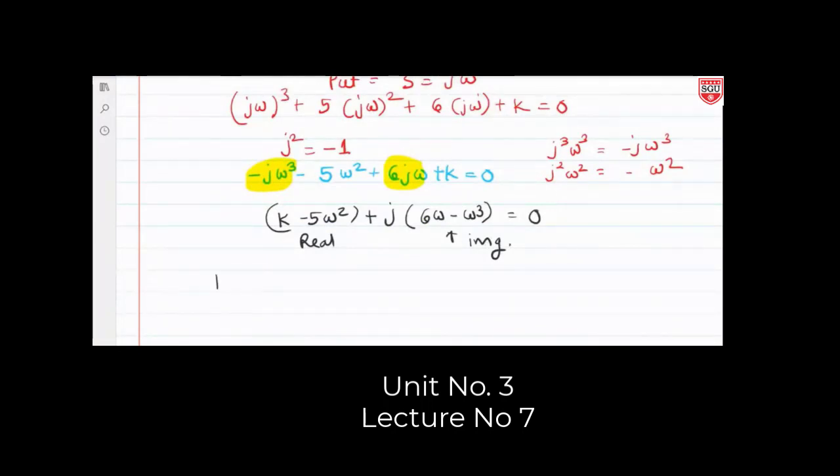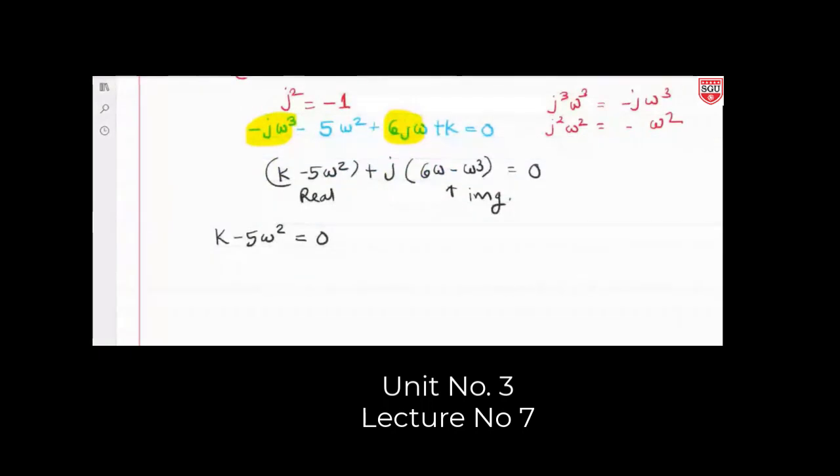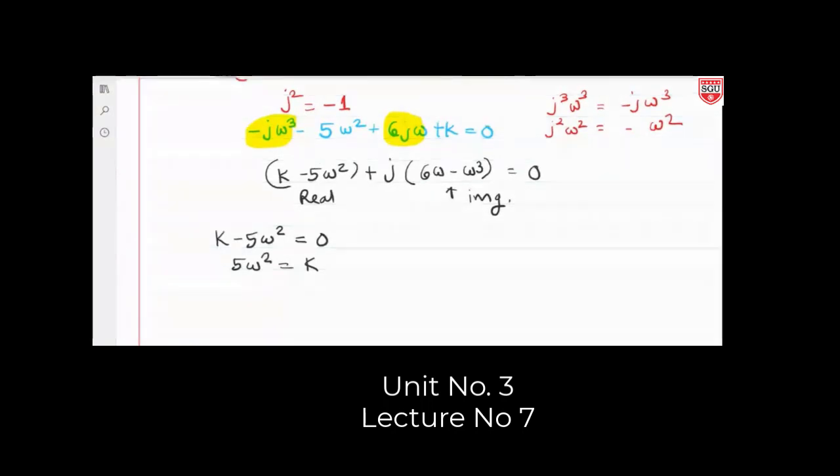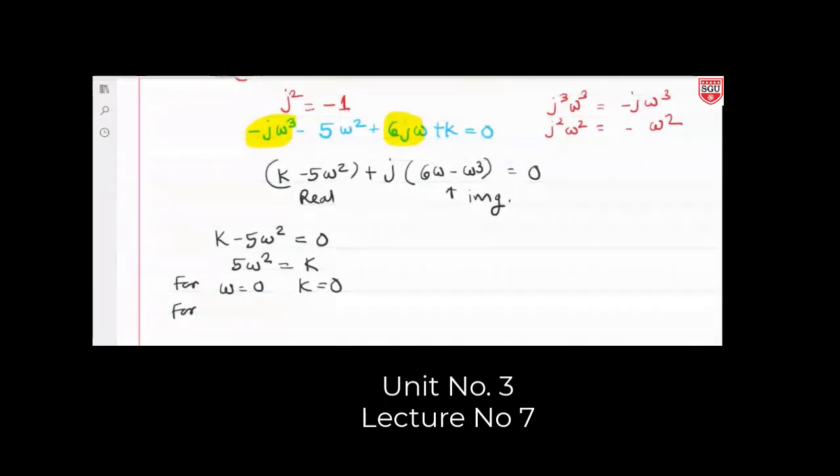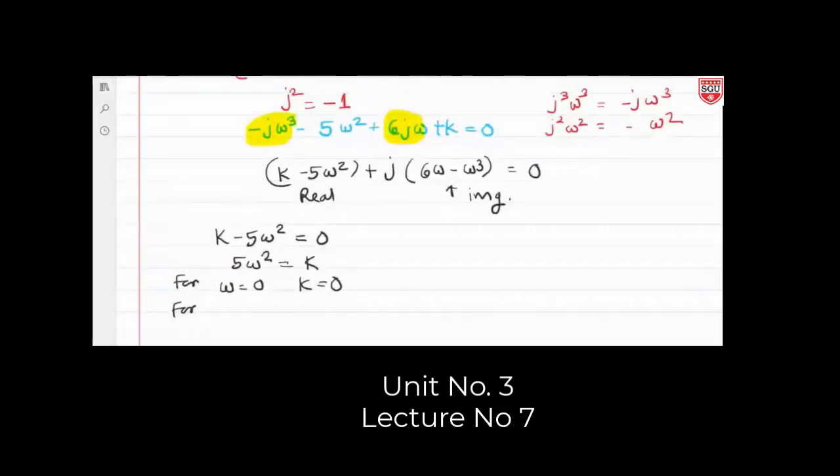Making separate means k minus 5 omega square is equal to 0. So 5 omega square is equal to k. Then for omega is equal to 0, k is equal to 0. We have to find out the values of omega.